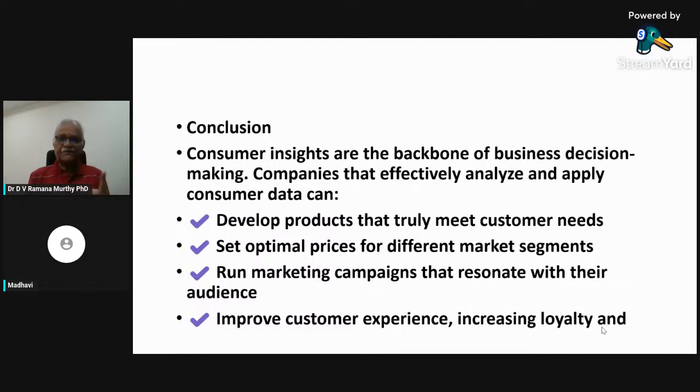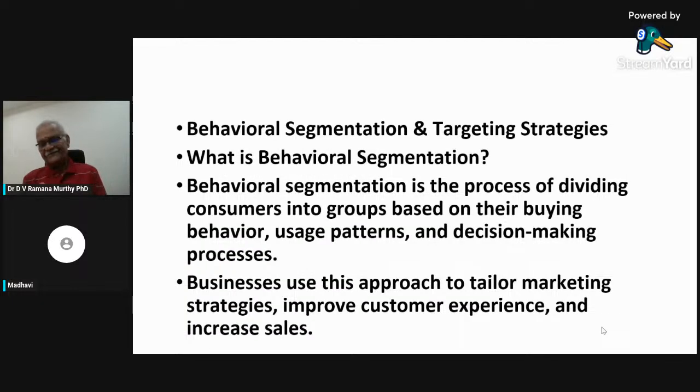You can develop products that truly meet customer needs, and you can set optimal prices for different market segments, for different classes, and you can also run advertisement campaigns that perfectly gel with the audience, and you can improve customer experiences by increasing loyalty to the particular brand. So that's the aspect of it.